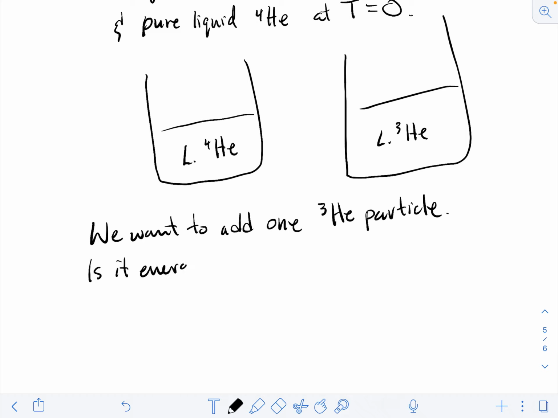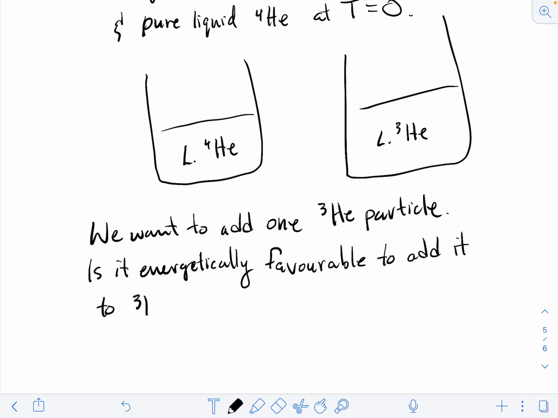Another way of asking this question is, is the helium-3 atom that we're going to add more strongly bound inside the liquid helium-4 or inside the liquid helium-3?